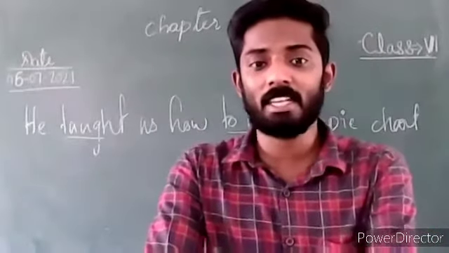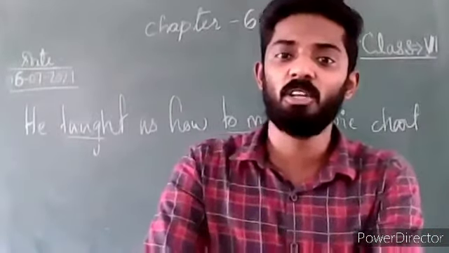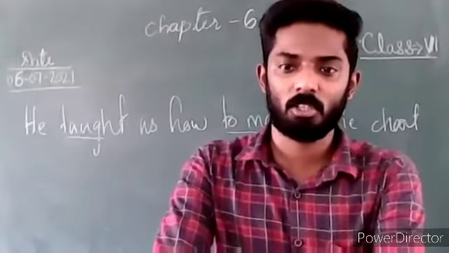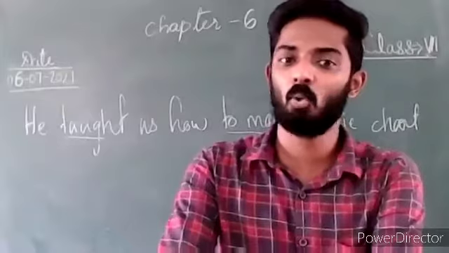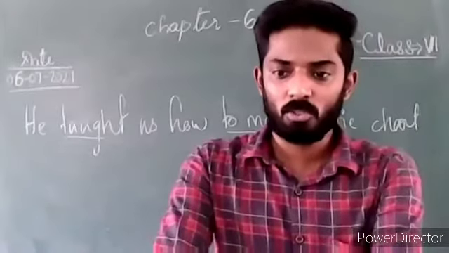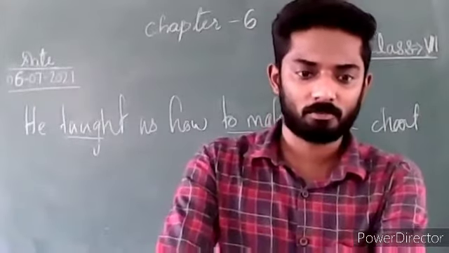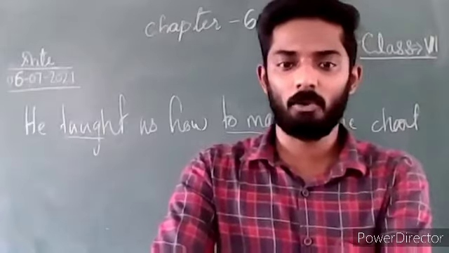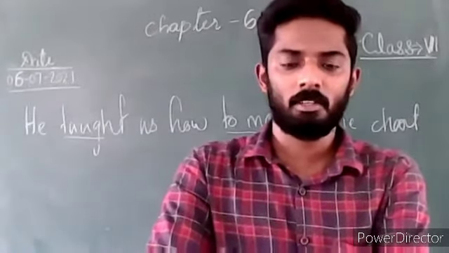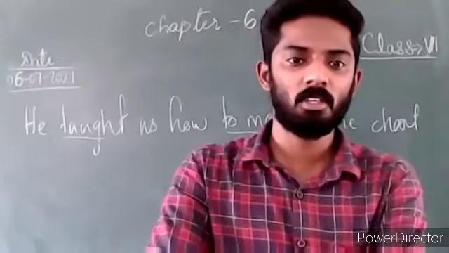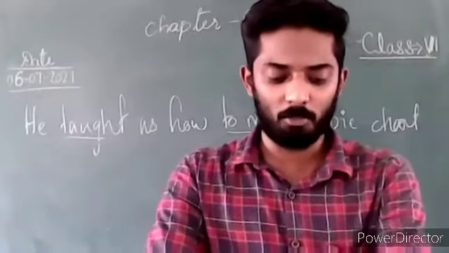In the second sentence, the verb had told is in past perfect, and the subject is they, which is third person plural. So this is all about finite and non-finite, and we have some types of non-finite verbs.